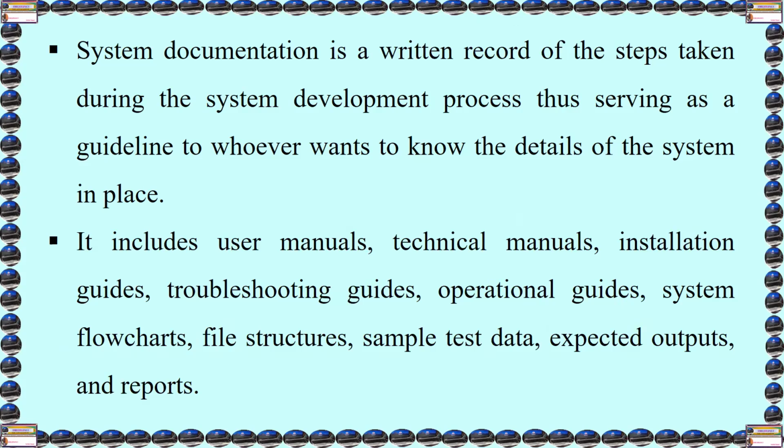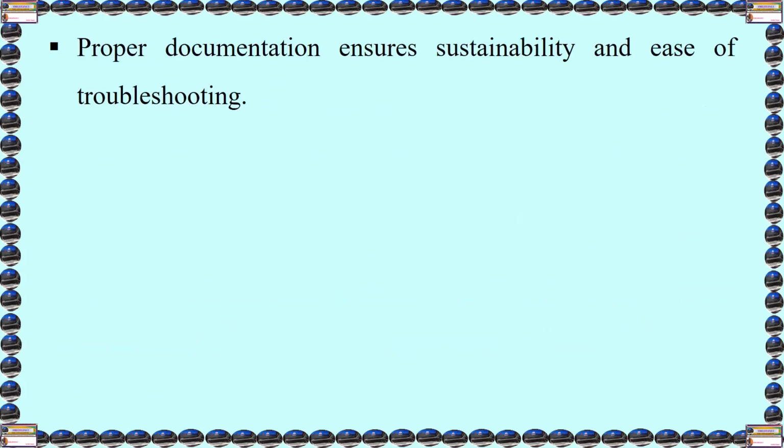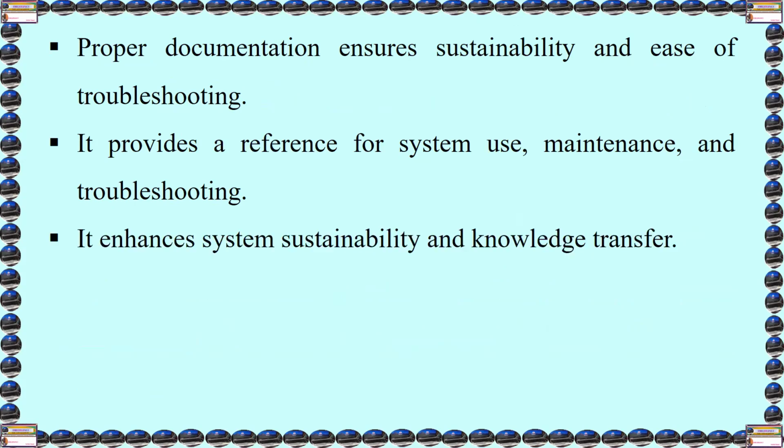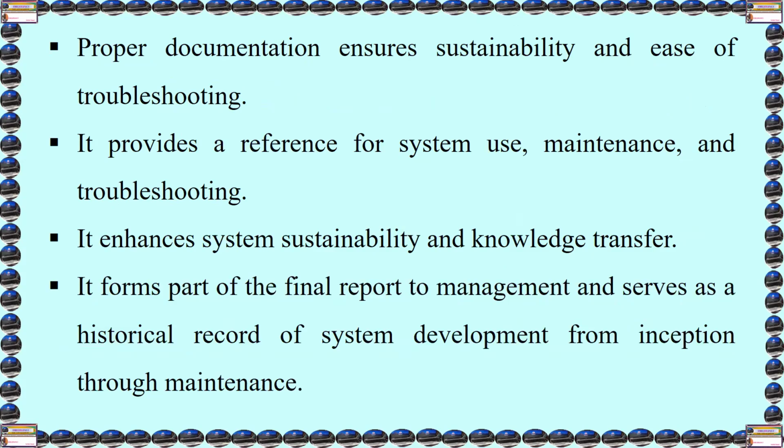It includes user manuals, technical manuals, installation guides, troubleshooting guides, operational guides, system flowcharts, file structures, sample test data, expected outputs, and reports. Proper documentation ensures sustainability and ease of troubleshooting. It provides a reference for system use, maintenance, and troubleshooting. It enhances system sustainability and knowledge transfer. It forms part of the final report to management and serves as a historical record of system development from inception through maintenance.